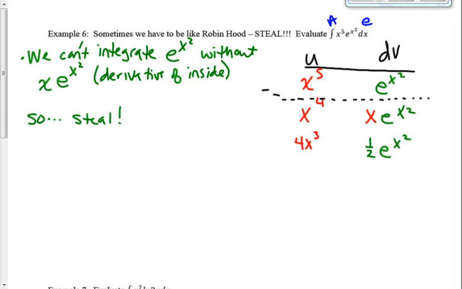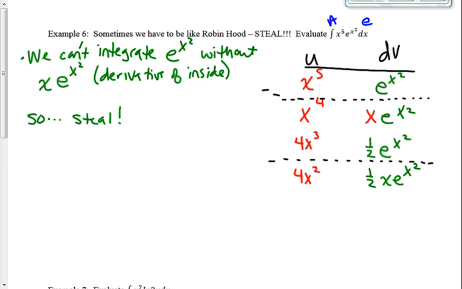I look at my dv, I cannot take that derivative, which means I need to steal again. So I'm going to dash some lines saying I'm not really using that line. What I'm really going to do is I'm going to have a 4x squared here, and I'm going to bring an x to the other side. So I have a 1/2 x e to the x squared.